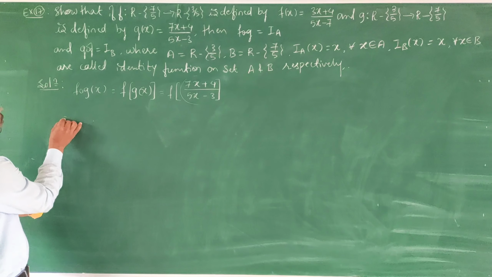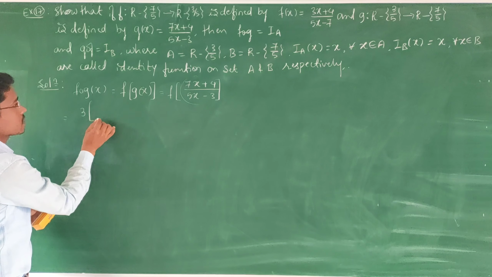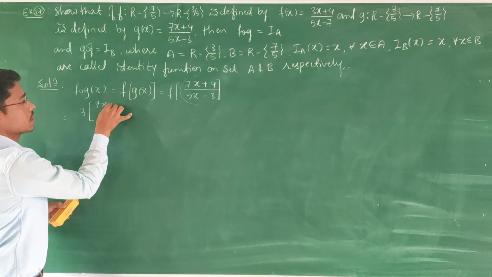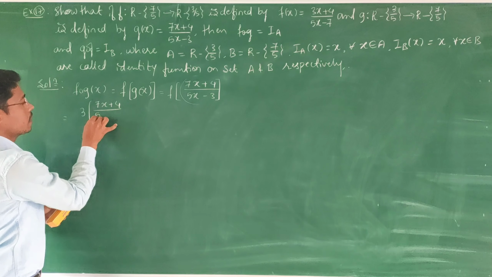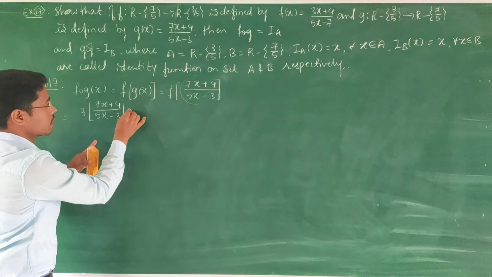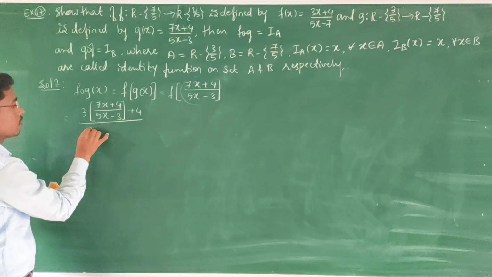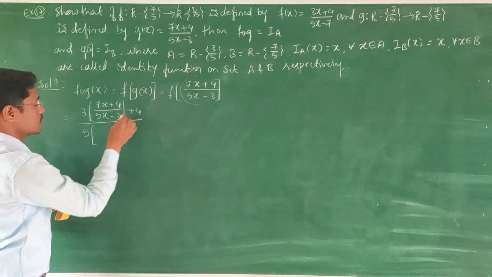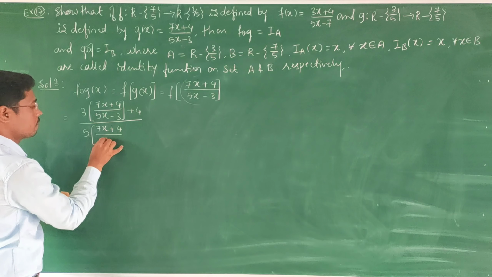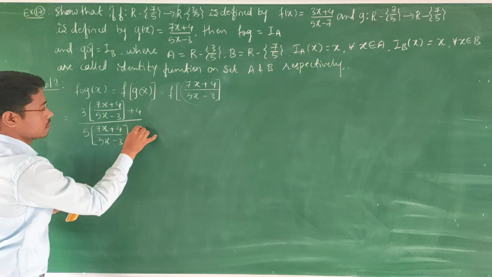So this is equal to 3 into x, and this is our x now, (7x + 4)/(5x - 3), plus 4, divided by 5 into (7x + 4)/(5x - 3) minus 7.